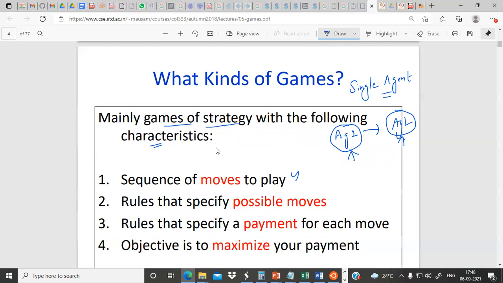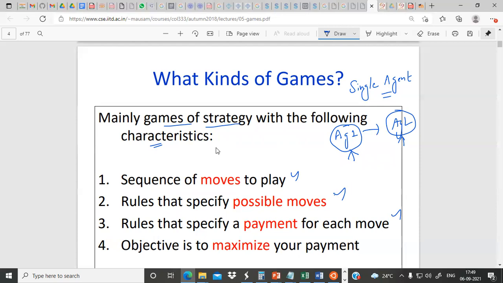There are rules that specify possible moves: what moves are allowed and which are not allowed, all fixed. There are rules that specify a payment for each move. When you make a good move, you will get some credit.